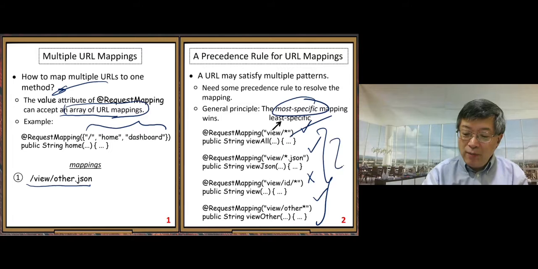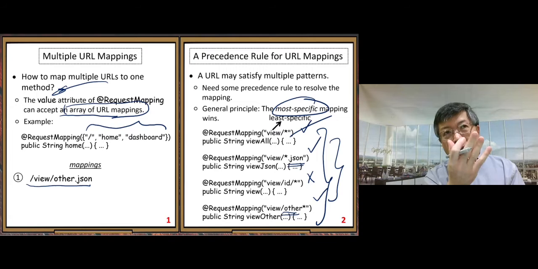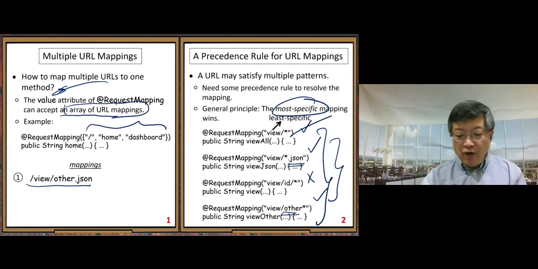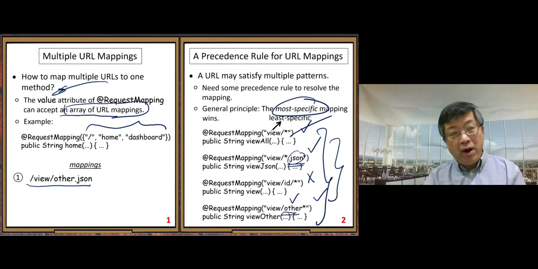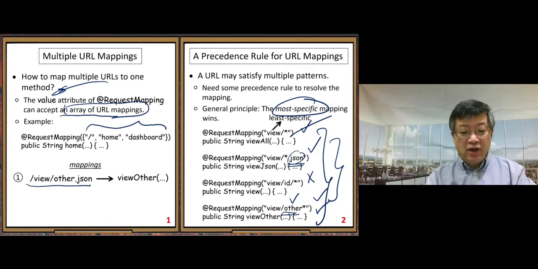So now we need to choose one between these two. One is at the end part, .json. The other at the front part. We treat front part matching as more important. Front part matching takes precedence over the end part matching. So based on that, the last one should be the method to call.